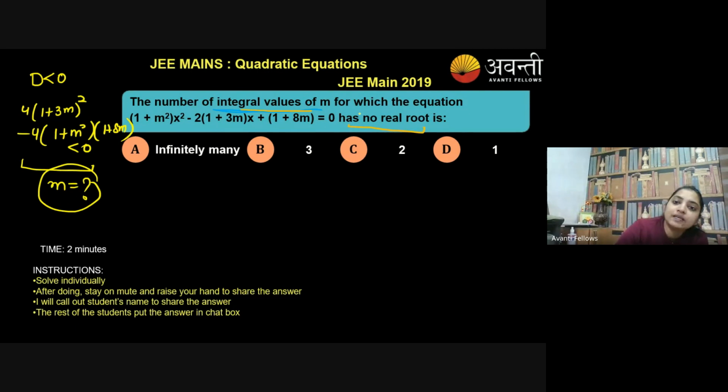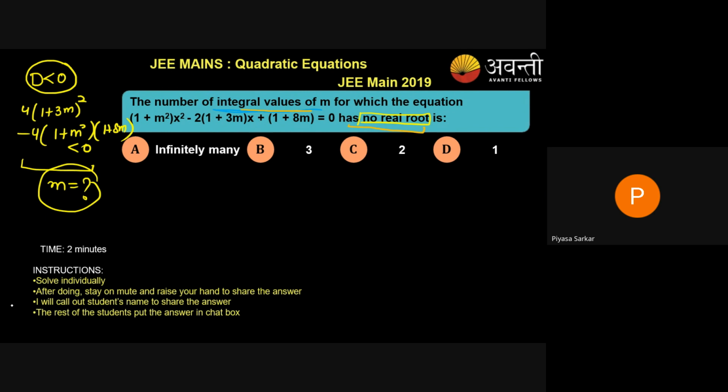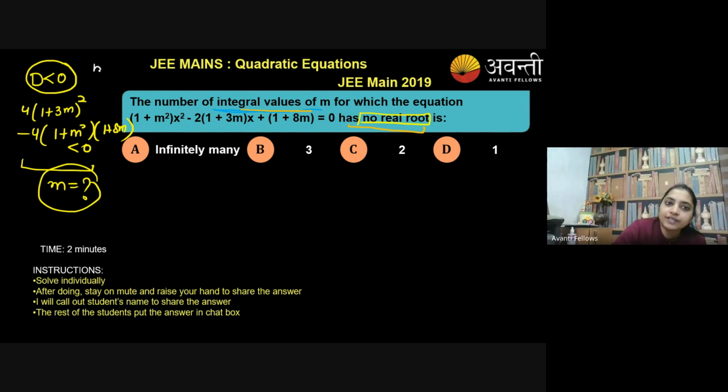Sure. See, we are having no real roots. No real roots means D must be less than 0, right? So the formula for D is b square minus 4ac less than 0. So this is a, this is b, and this is c. So b square is going to be 4 into (1 plus 3m) whole square minus 4 into a into c.